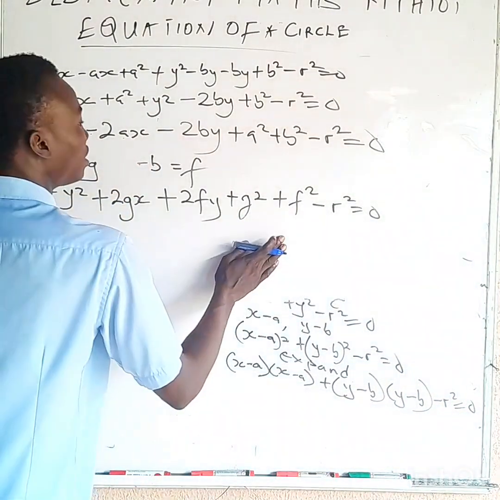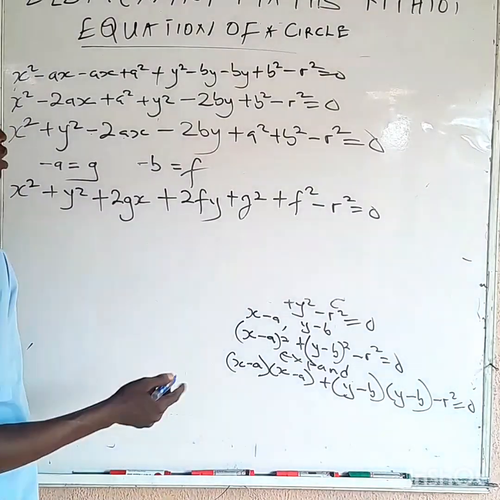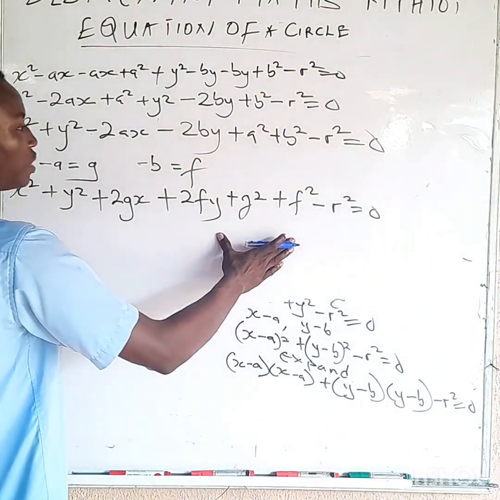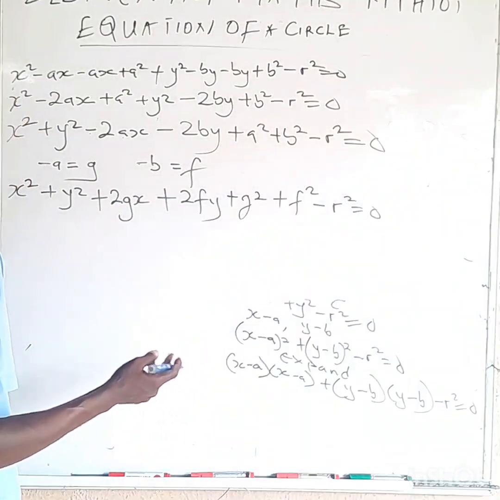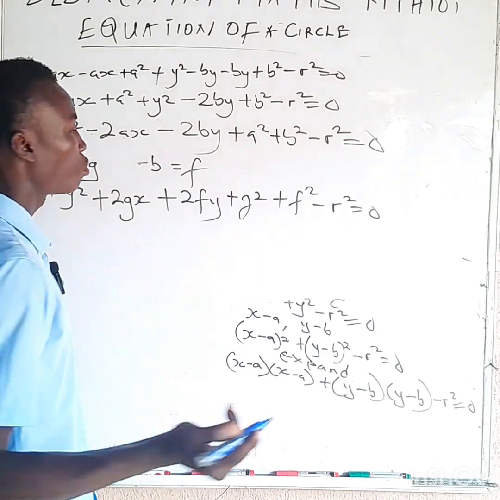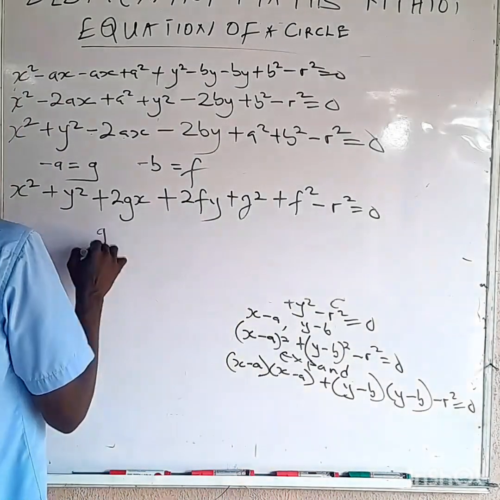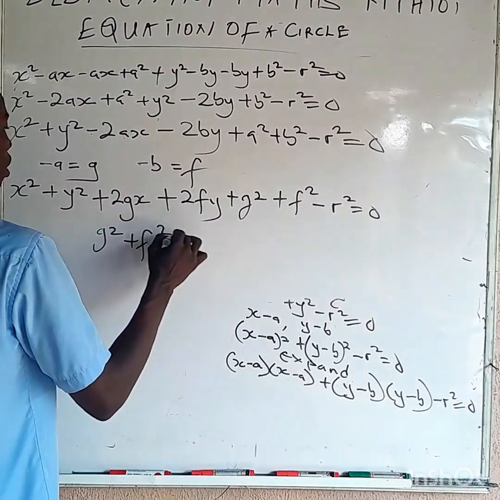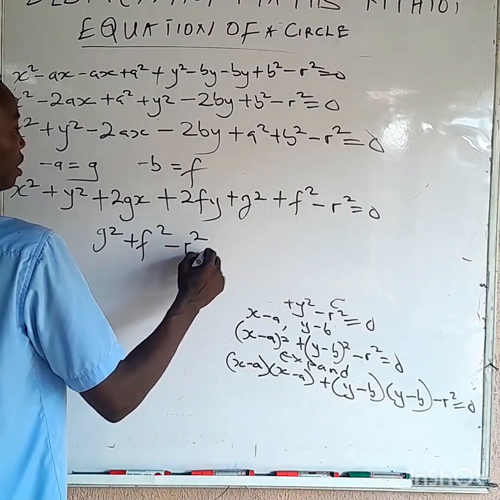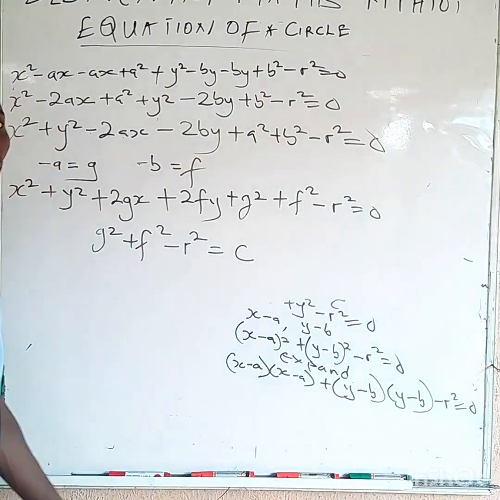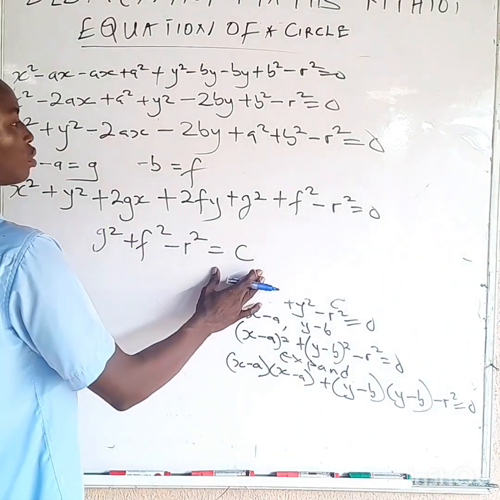So the final stage now is that we have to introduce the constant, because we've already arranged everything in order. Why do we need to introduce the constant? Because according to the quadratic equation, we have a constant which is always c there. So g squared plus f squared minus r squared is equal to c. So everything in this place is equal to c here.